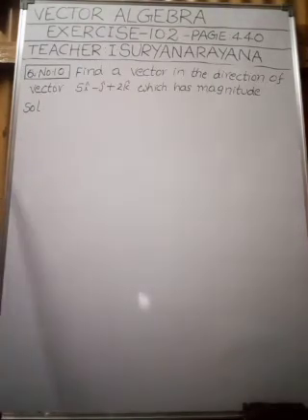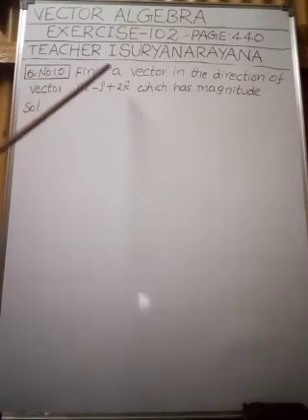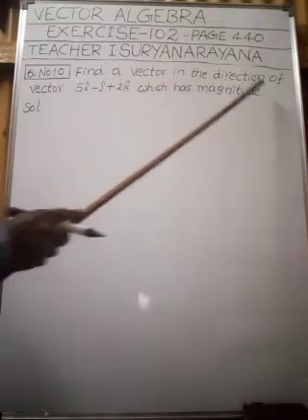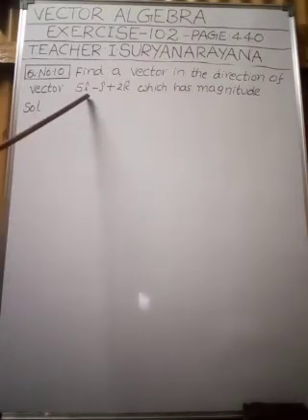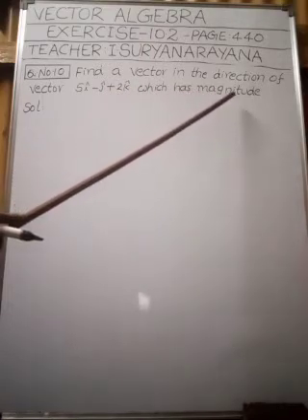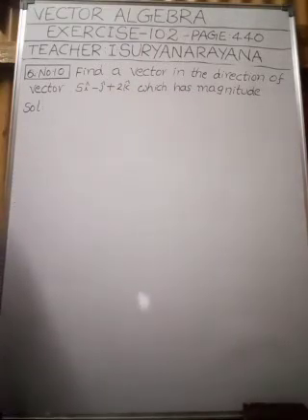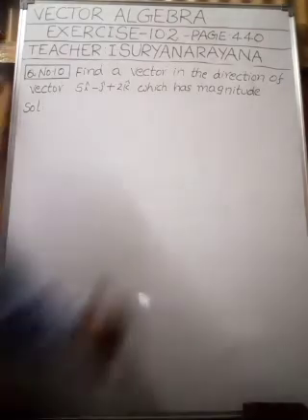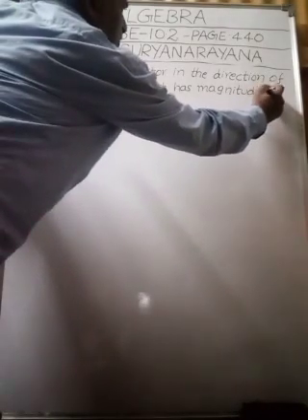Now come to question number 10. The 10th question in the exercise. Find a vector in the direction of the vector 5i cap minus j cap plus 2k cap which has a magnitude of 8 units. Magnitude 8 units.